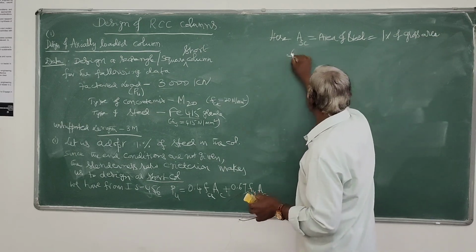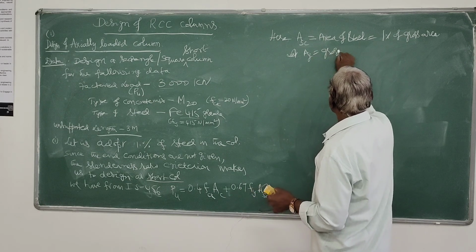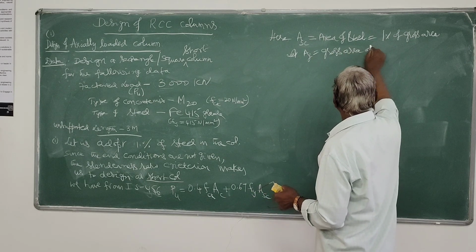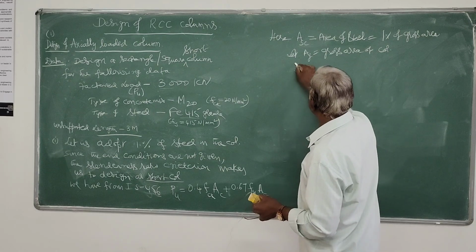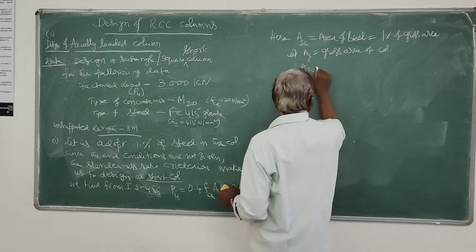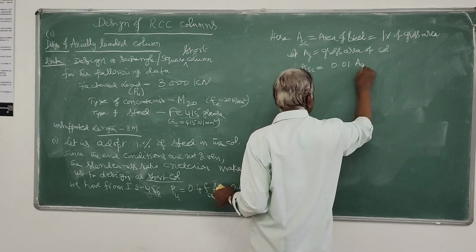So let Ag equal the gross area of column. Therefore, Asc is equal to 0.01 Ag.